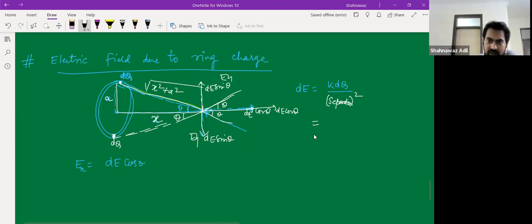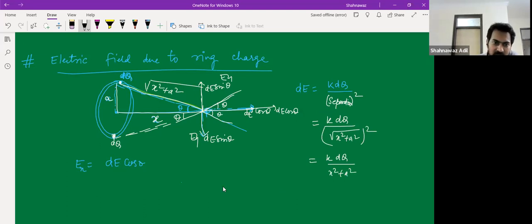So this is k dq, and the separation is how much? This is x squared plus a squared, right? So this would be k dq over x squared plus a squared.